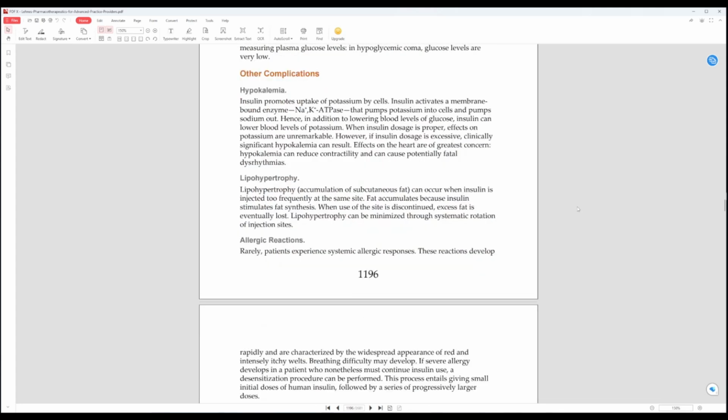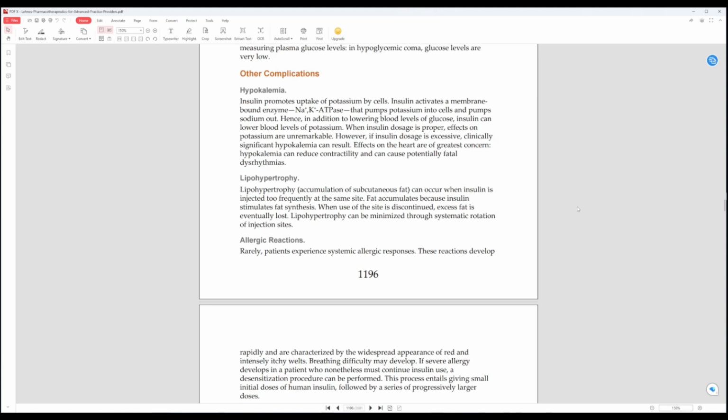Other complications. Hypokalemia. Insulin promotes the uptake of potassium by cells. Insulin activates a membrane-bound enzyme, your sodium-potassium ATPase, that pumps potassium into cells and pumps sodium out. Therefore, in addition to lowering blood glucose levels, insulin can lower blood levels of potassium.